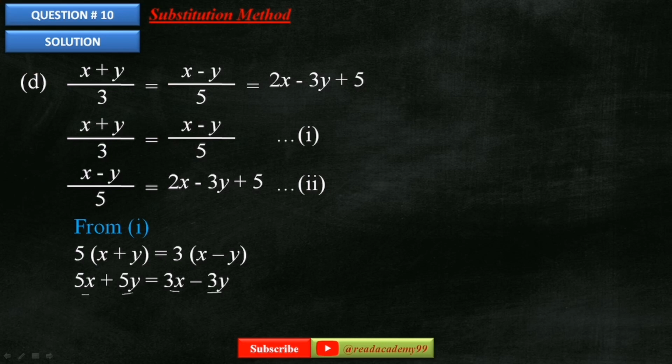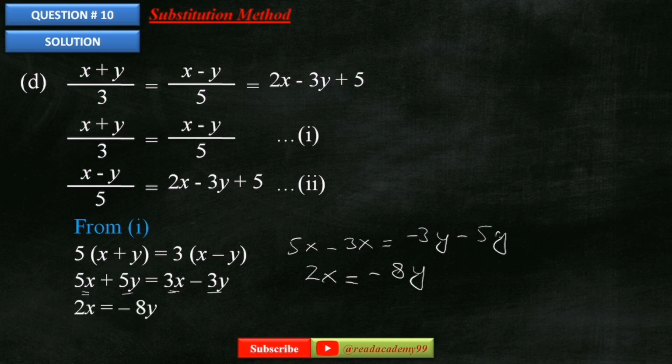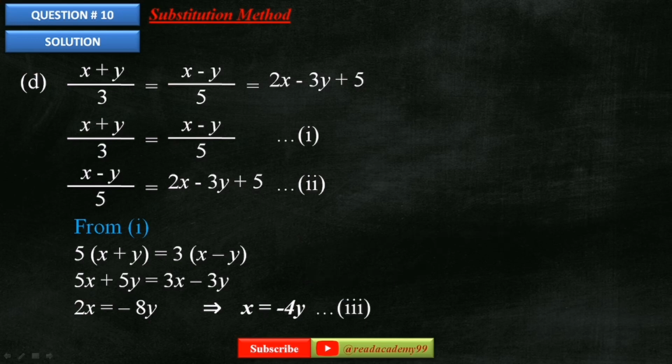So this equation becomes 5x minus 3x equals minus 3y minus 5y, which is 2x equals minus 8y. Now divide 2 on both sides, and we have x equals minus 4y, which is our third equation.